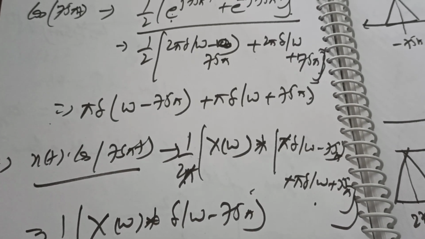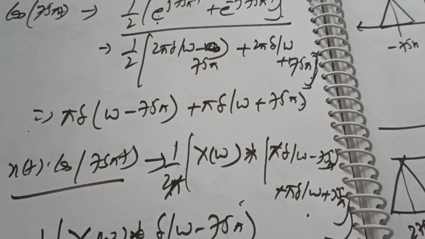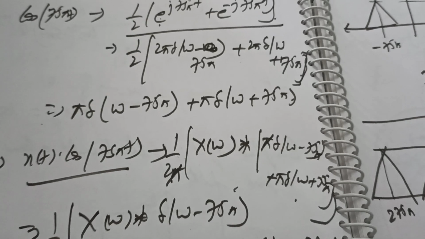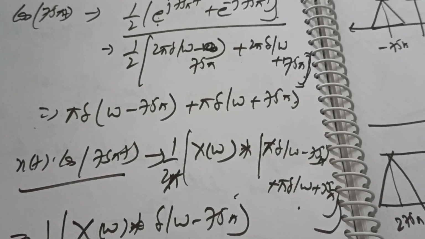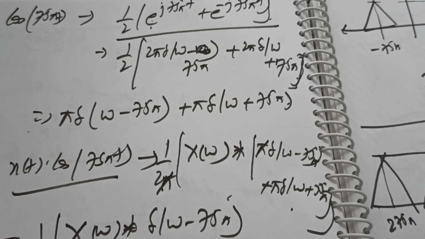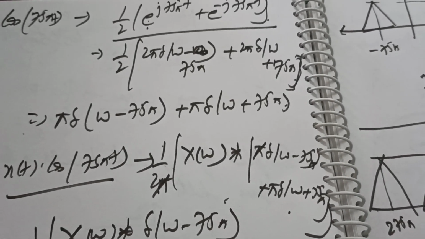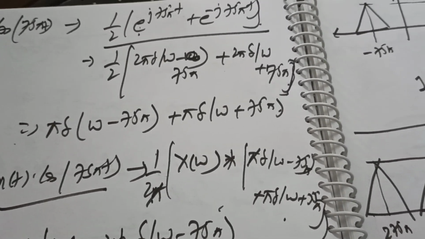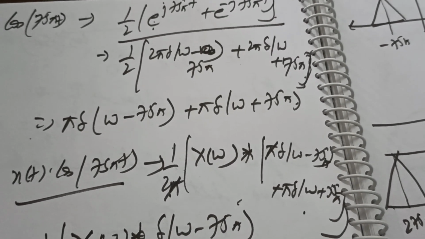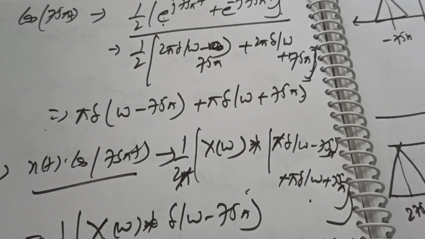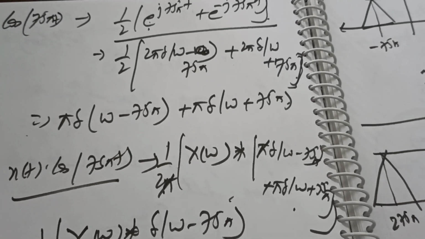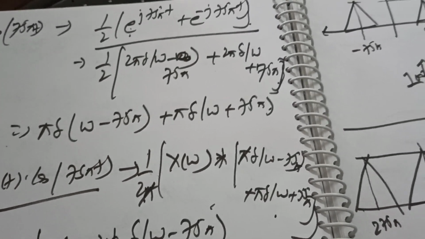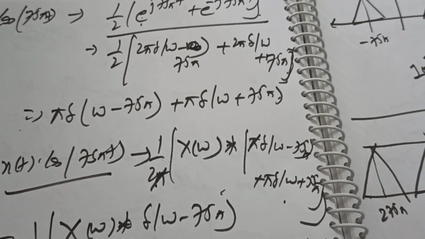Now I will come to cos 75 pi t. This is nothing but cos omega t, so I would like to express this cos omega t in terms of exponentials. This is half of e to the power j omega t plus e to the power minus j omega t.